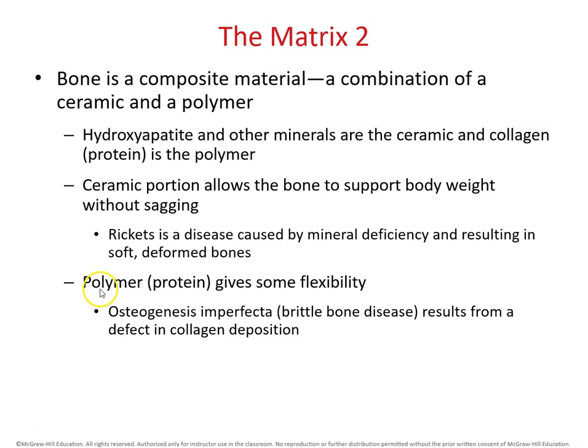The polymer are proteins, and they give the bones just enough flexibility that they can withstand some force of impact without breaking. If the polymer portion is not there, the resulting disease is osteogenesis imperfecta, and we call this brittle bone disease.